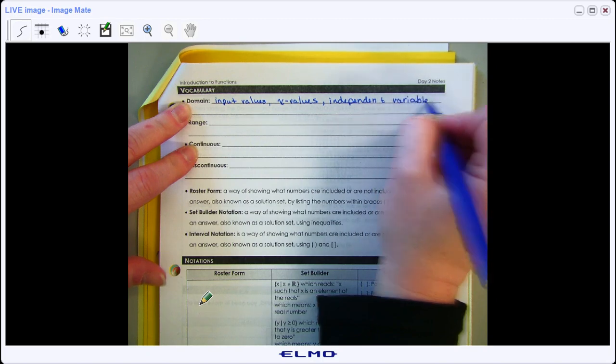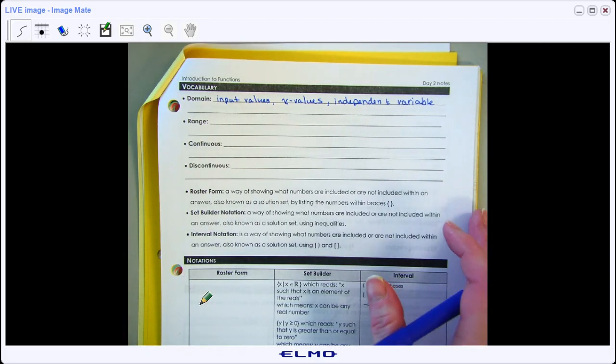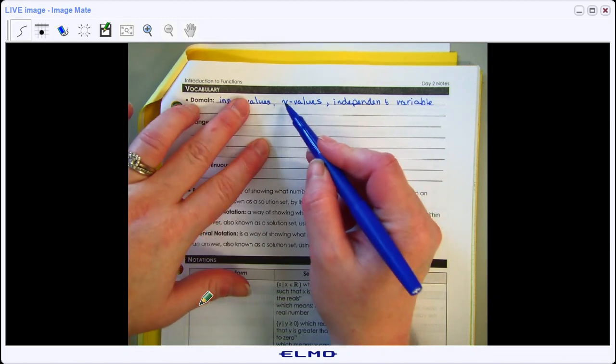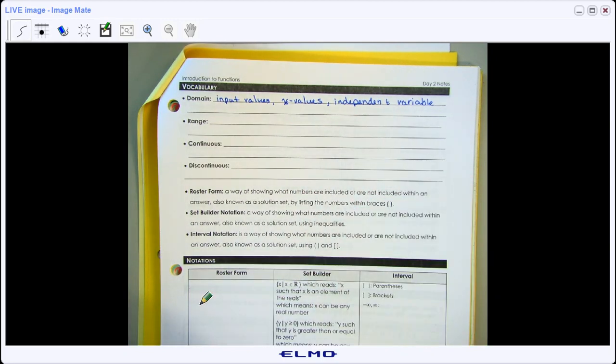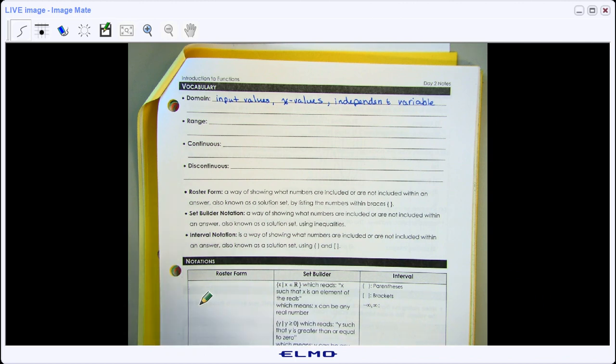Those are your domains. So now we do refer to them as our X values, but they use a lot of different letters. N is another very common letter that they like to use for that. So focusing more on the fact that it's your input values. It's what you use to plug into the equation or you use from the table to be able to figure out your other answer, which is why it's also your independent variable. It's the one that figures out the other number.